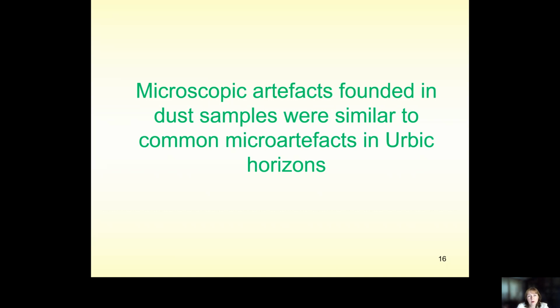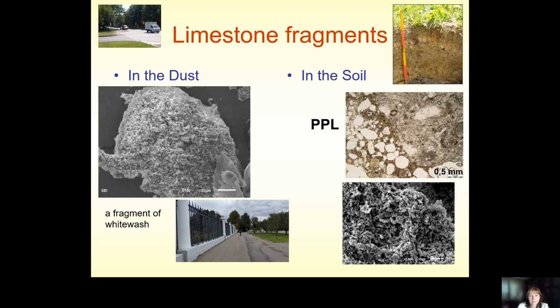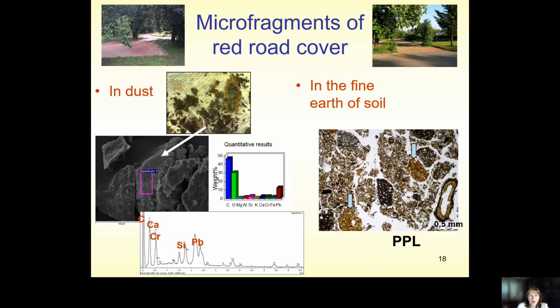Microscopic artifacts found in dust samples are very similar to common microartifacts in urbic horizons. For example, microfragments of limestone are found both in samples of street dust and in the soil in the neighborhood. This picture shows the red asphalt cover.